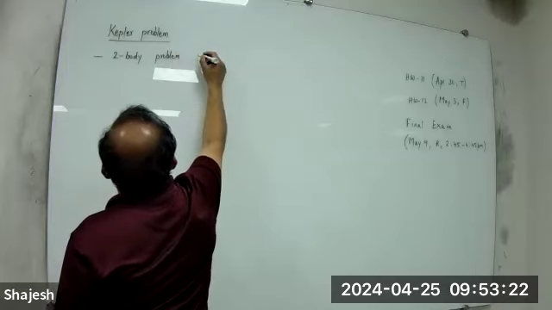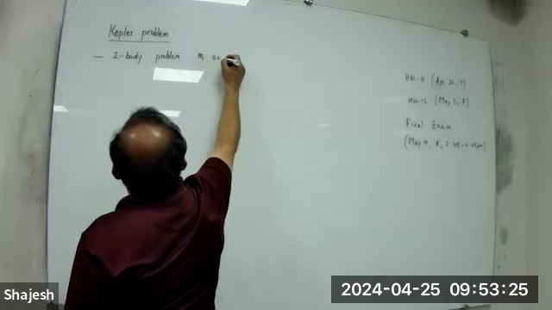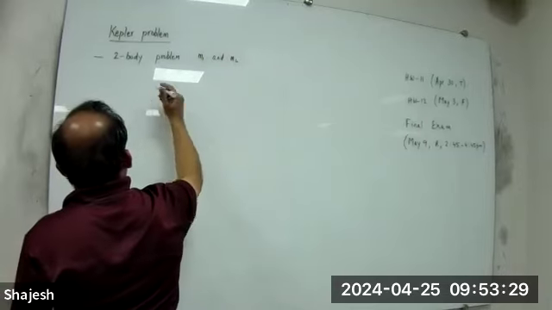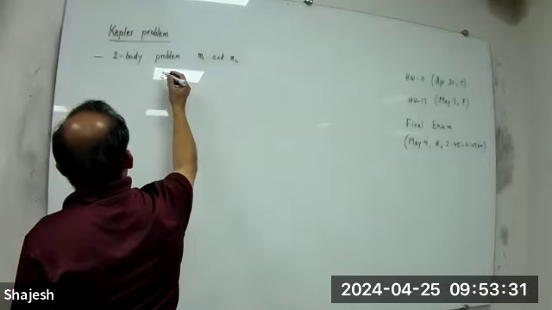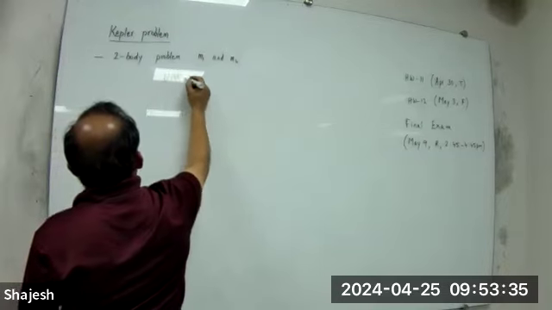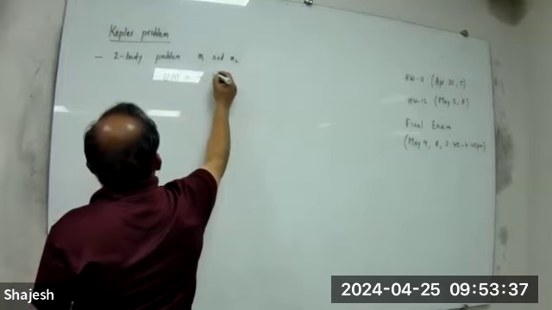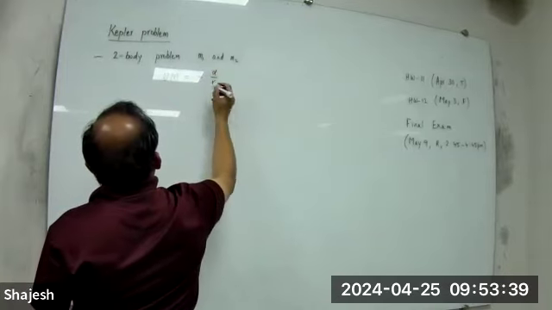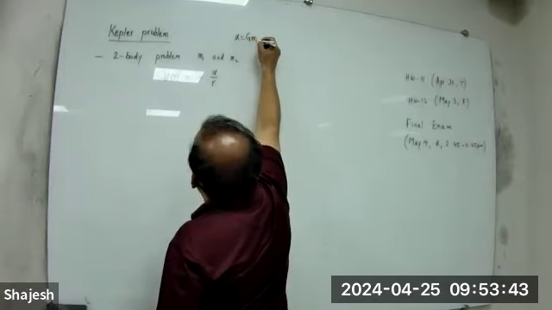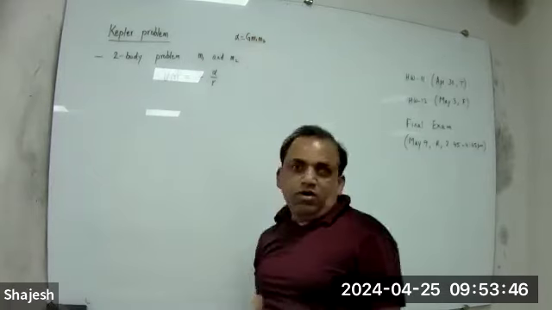It involves M1 and M2, and there is an interaction energy, a specific interaction energy that's equal to minus alpha over R, where alpha is equal to G M1 M2 for gravity.